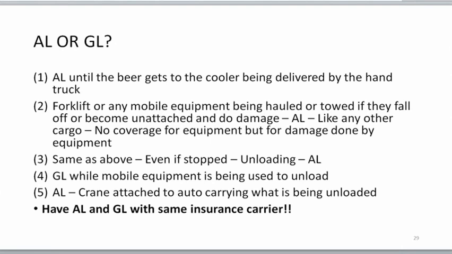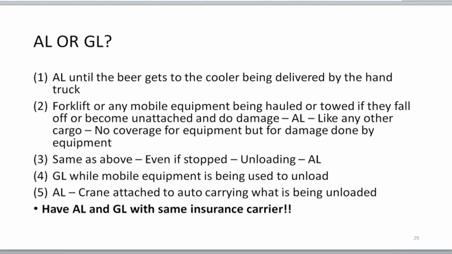Forklift or other mobile equipment being hauled or towed, if they fall off or become unattached and do damage, that's still auto liability. It's treated like any other cargo. No coverage for the equipment, but damage done by the equipment when it falls off. Same as above.